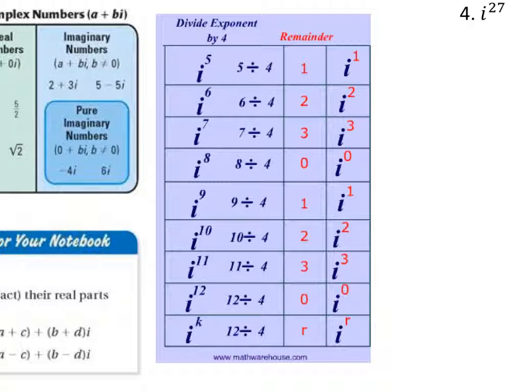See, the reason you have i to the first equals i, i squared equals negative 1, i to the third equals negative i, and i to the fourth equals, or sorry, i to the fourth doesn't equal i, it equals 1.